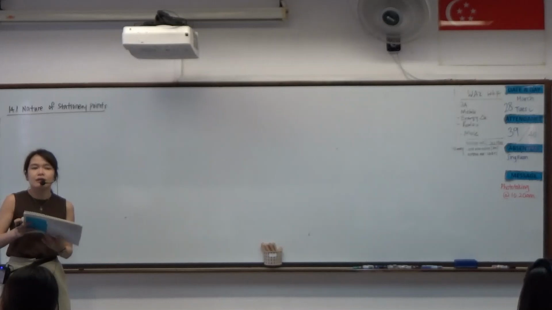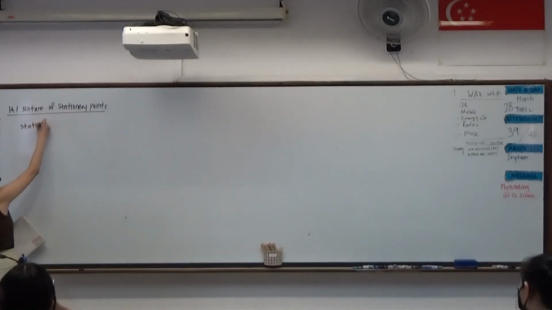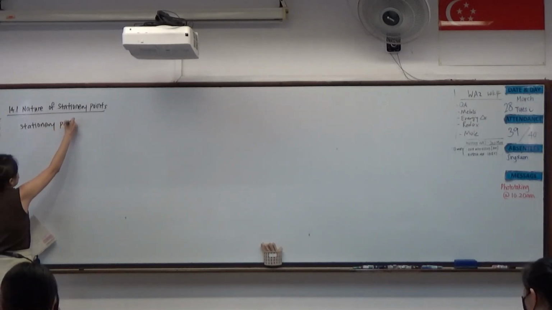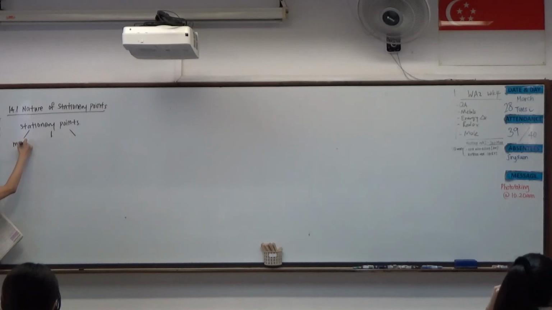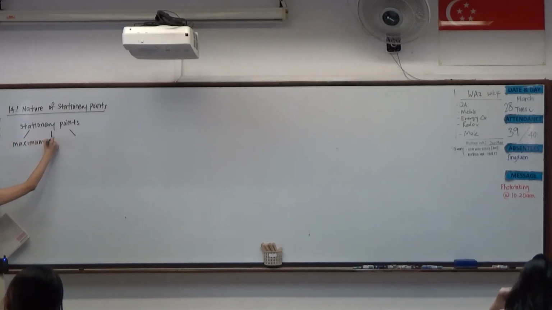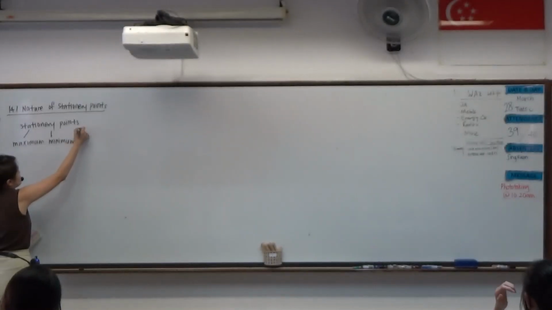But even before that, I introduced to you what stationary points actually are. For stationary points, there are mainly three different types. You have your maximum point, you have your minimum, as well as your point of inflection.